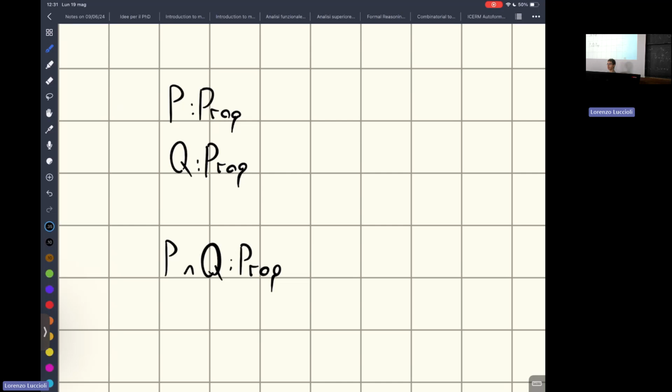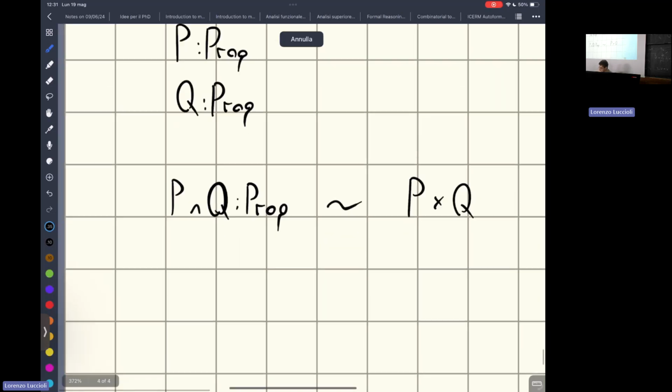And what if we want to prove P and Q? Well, to prove P and Q, we have to provide a proof of P and a proof of Q. That's analogous to giving a pair of proofs, right? So it's just like doing the Cartesian product of P and Q. So this is kind of similar to having P cross Q, right?